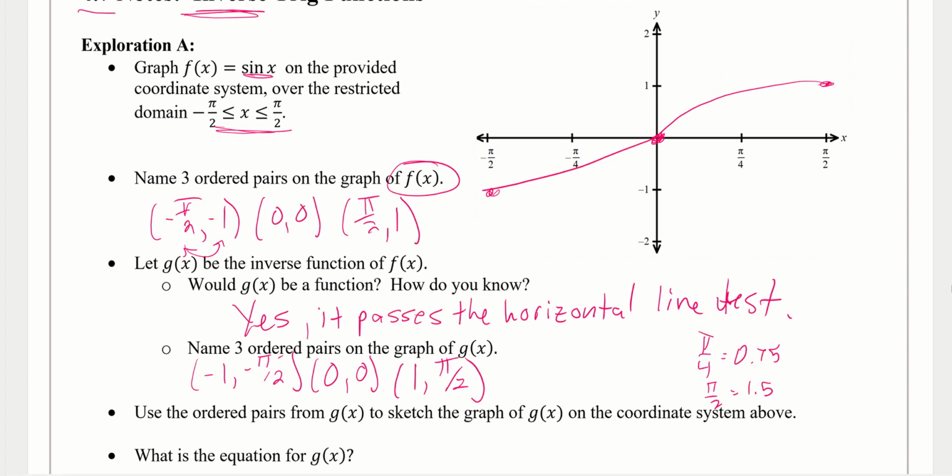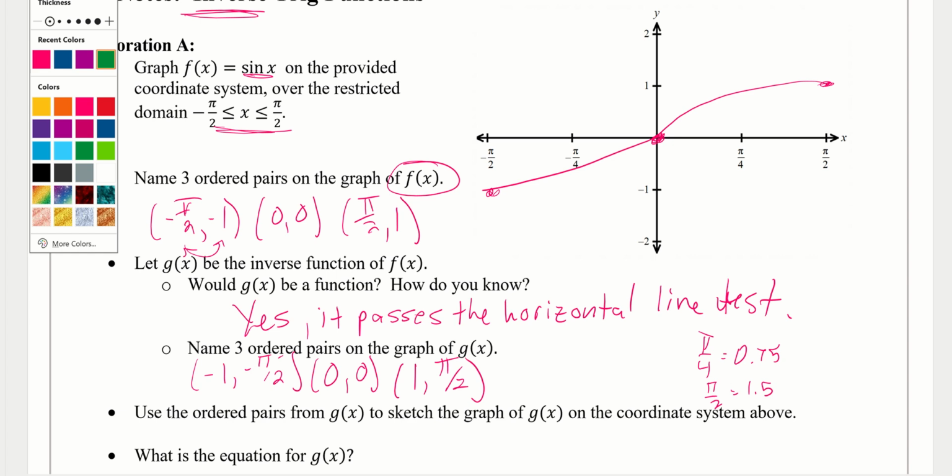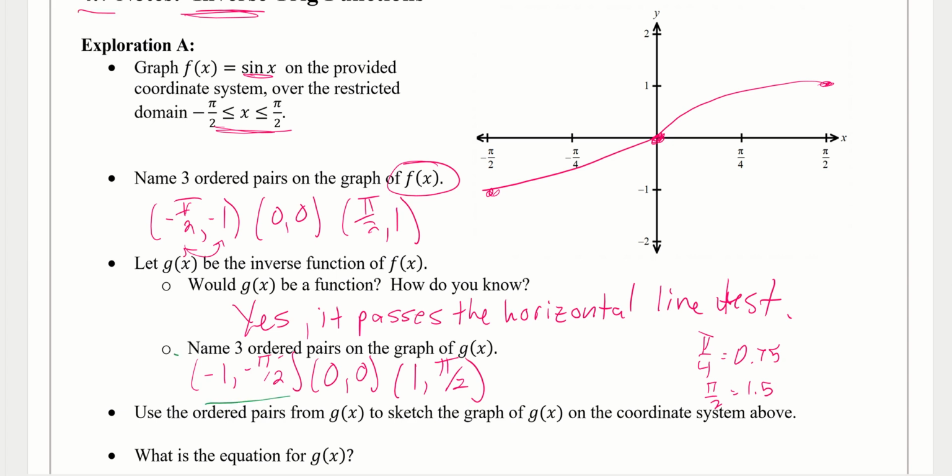So the first ordered pair we'll do maybe in a different color for g of x. So negative 1 would be not quite halfway in between, but somewhere in between negative pi over 4 and negative pi over 2. And then negative pi over 2 there. Again, that is kind of 1.5-ish, right?